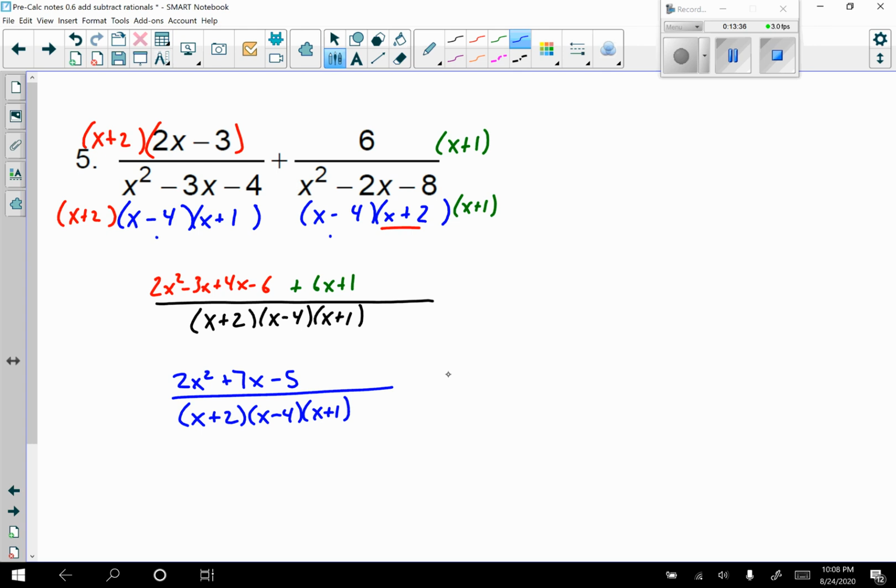So I'm going to look at that 2x squared. Let's say that's 2x and x. The 5, it's going to be a 5 and a 1. So if we do 5 there and 1 there, that's 10 and 1. That's not going to make a 7 if we do it the other way. So we got 1 and 5, that's 2 and 7.